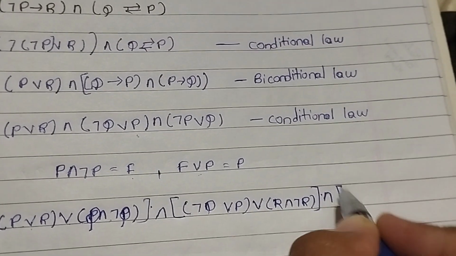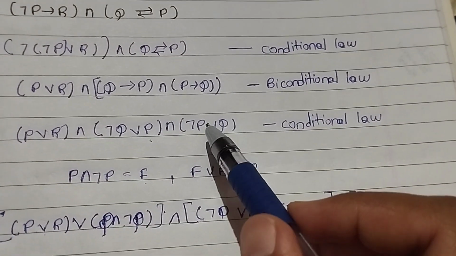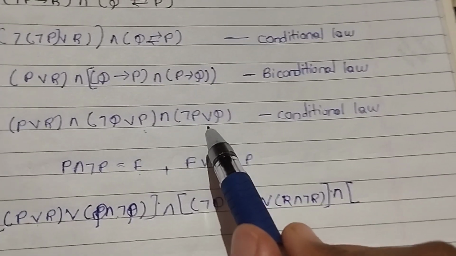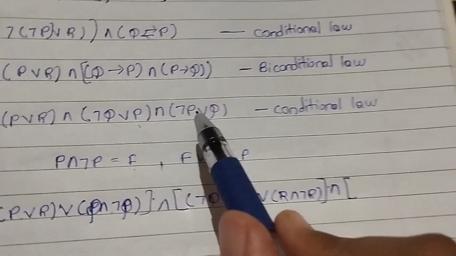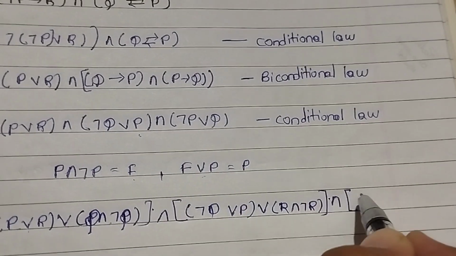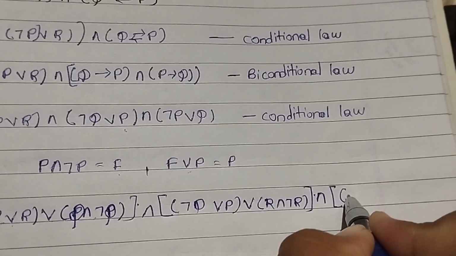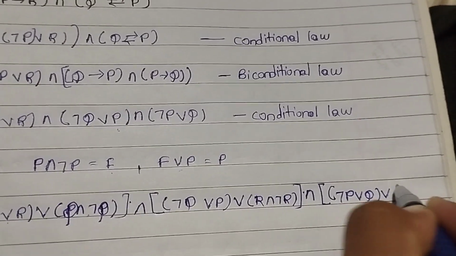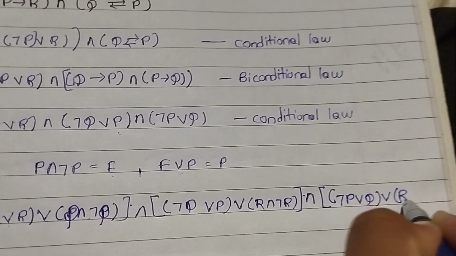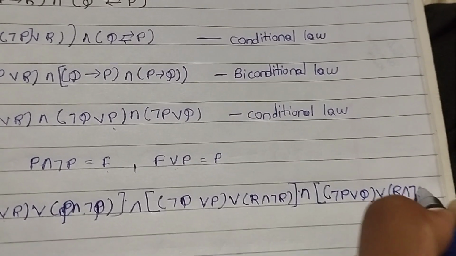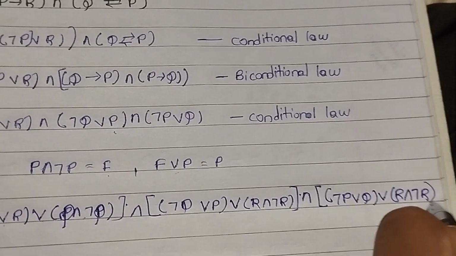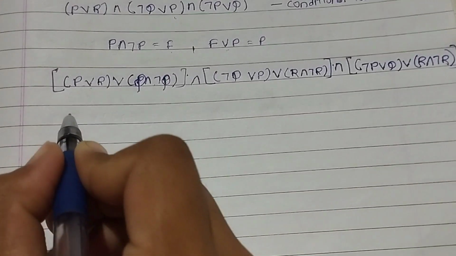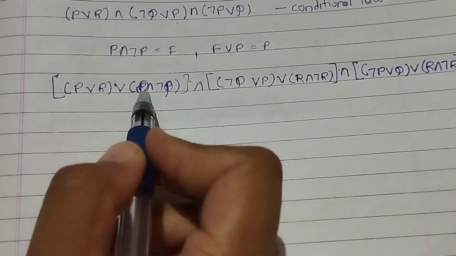Now the third bracket. Here P and Q are present, and R is absent. So first write the third bracket as it is, and since the R variable is absent, we OR with the R variable. Now use the distributive law.